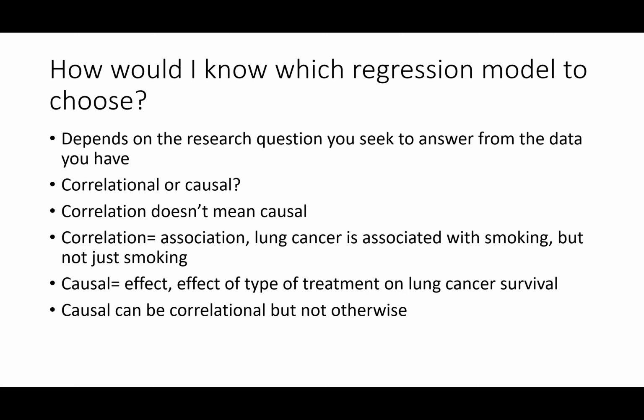But keep in mind, association means there's just a relation. It is not established that smoking surely causes lung cancer. It's a minor difference, but it means a huge difference in terms of the concepts of correlation and causal analysis.